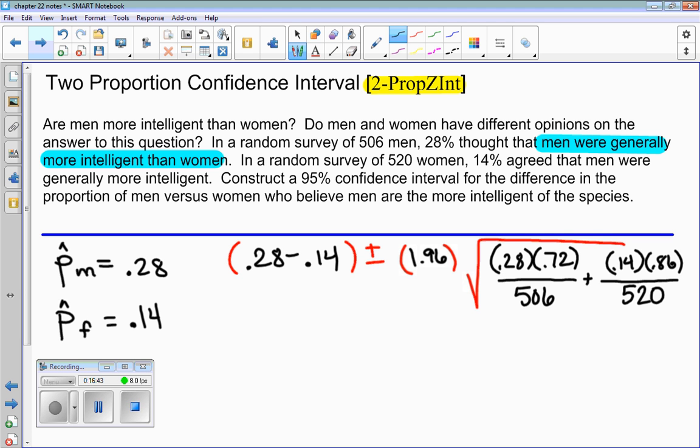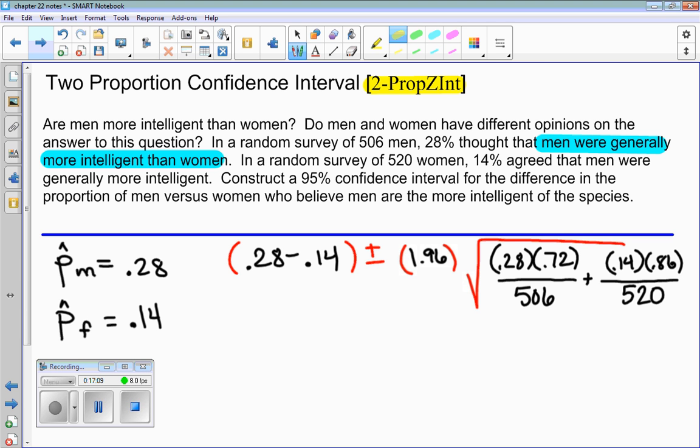And here is wherein lies Sammy's question from early on and kind of what we were talking about. We put 0.28. What's X1? Well, that's 28% of our population. So in a way, Sammy was kind of right in what we need to plug into our calculator here, okay? So what is 28% of 506?